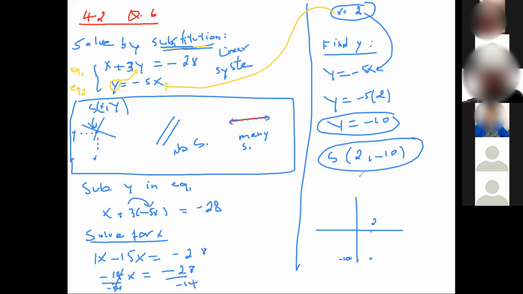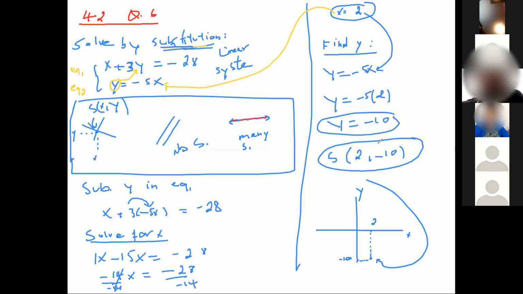So this is the point (2, -10), the x is 2, okay? It's the x-axis, this is the y-axis, and this is -10. So the lines, when you graph them, that's the point. If the question was by graphing, they will meet here, something like this. But again, we use substitution to solve the equation.